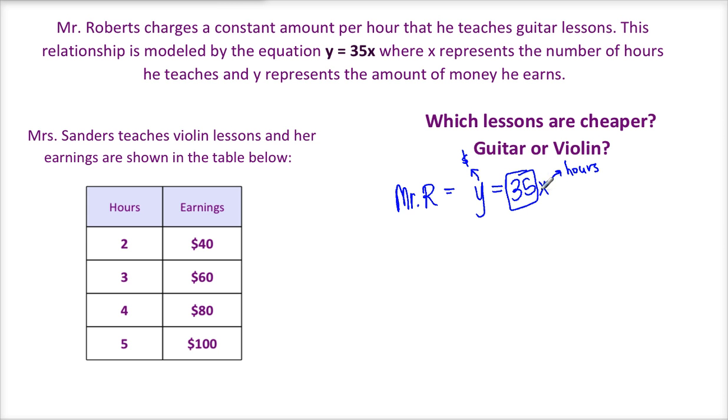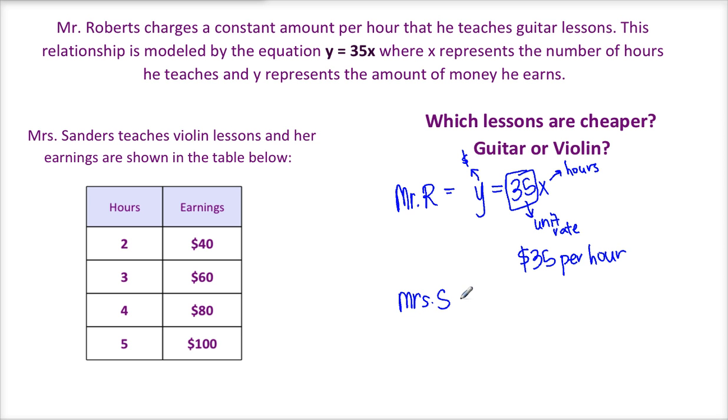So in order to figure out how much he earns, we multiply 35 times how many hours that he teaches, and that's how much money he earns. So therefore, this 35 right here is his unit rate. So he charges $35 per hour for guitar lessons.